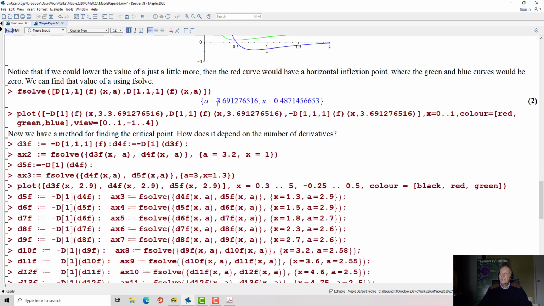So let us take that value of a, put it into our functions. I see a typographical error there, which I failed to correct. I shall save it for next time. And let's see what we get.